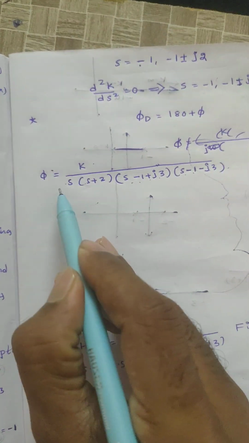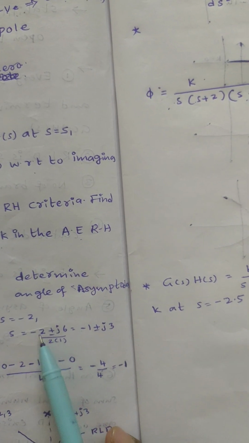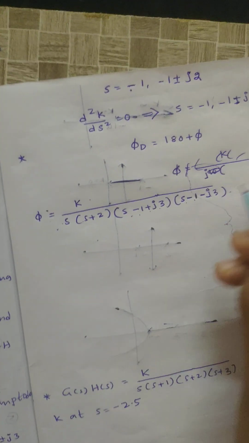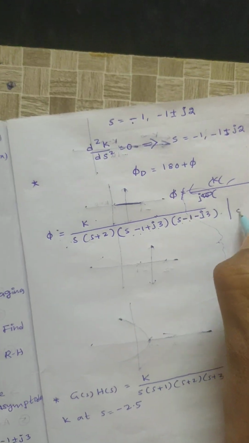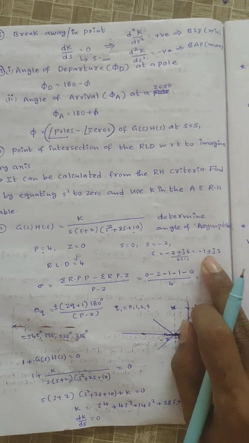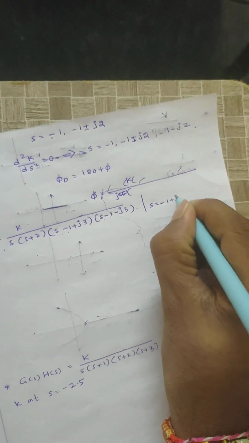To calculate this angle phi, in place of the roots you can substitute any one complex root. You need to substitute only a complex root. That means here I can consider s is equal to minus 1 plus j3.